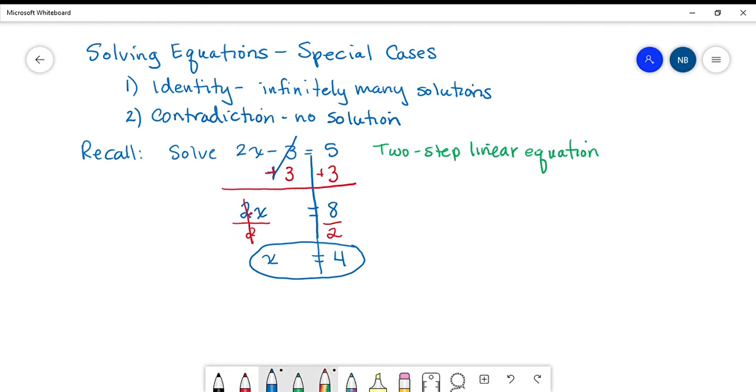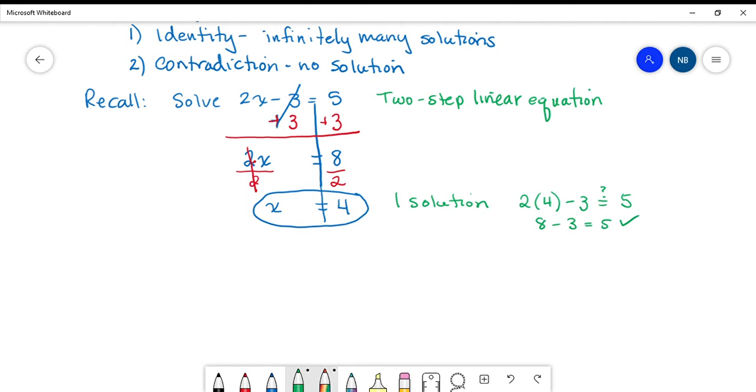This is an equation that has one specific solution, meaning only the number 4 works when you plug it into the original equation. So 2 times 4 minus 3, does that equal 5? Well, 2 times 4 is 8, minus 3 equals 5, and that checks out. So that's normally, most often, what's going to happen when you're solving an equation.